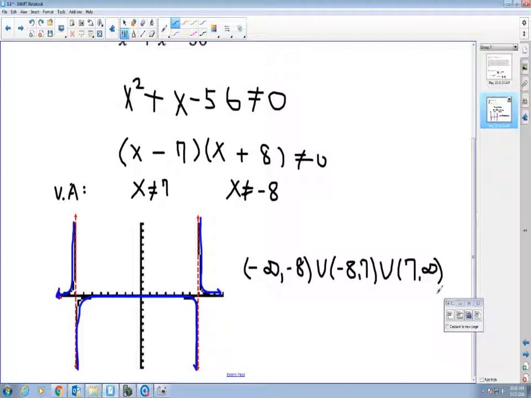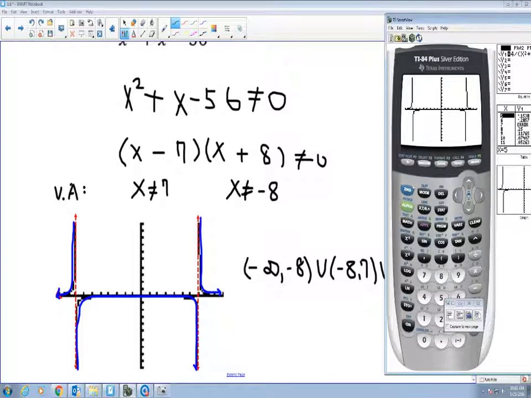Now if I want to check it to make sure, I can go to my table and go a little bit to the left of -8. My function exists to the left of -8. Once it reaches -8, it gives me an error.